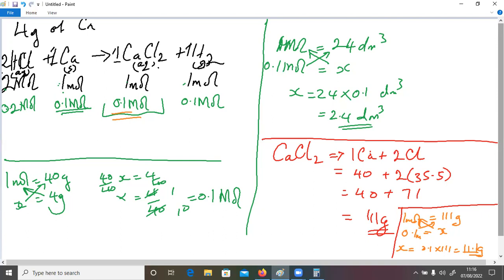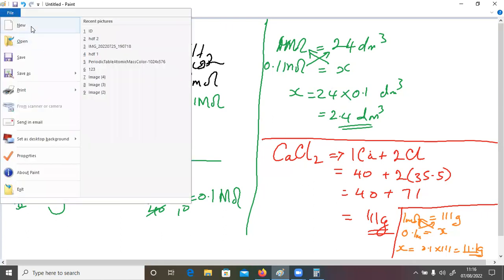And this can also be true even when you react volumes of gases, the one we referred to before. You may have been given some volumes which are not enough. For example, consider a case whereby we are burning hydrogen in oxygen to form water in gas form.